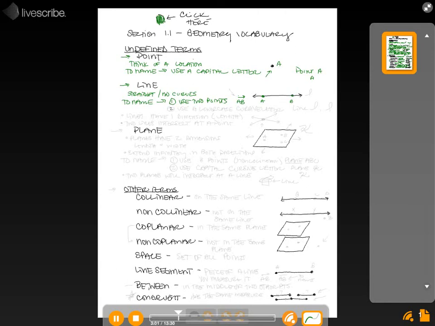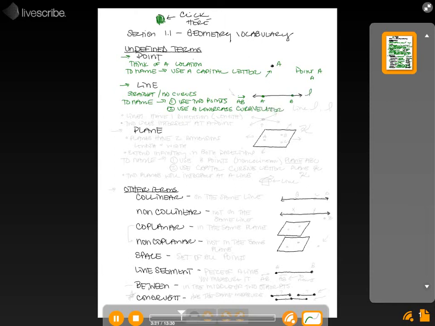The second way is to use a lowercase cursive letter.